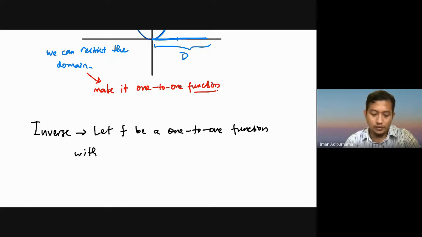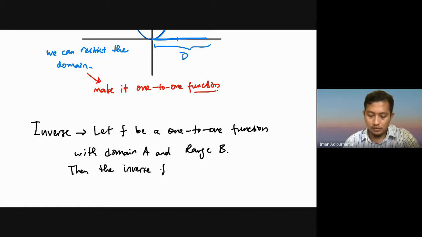Let's say we have domain A and range B. Then the inverse has domain B and range A. So we exchange the domain and range.